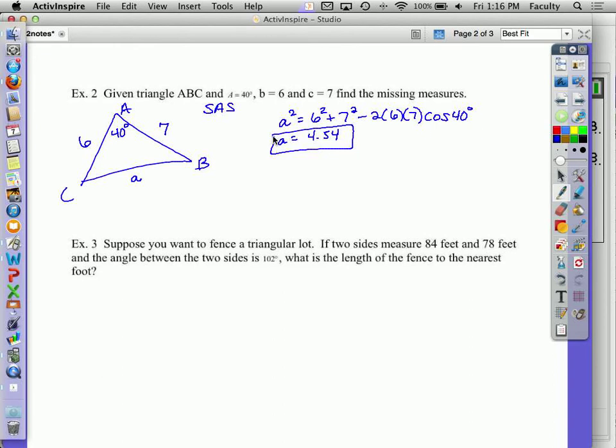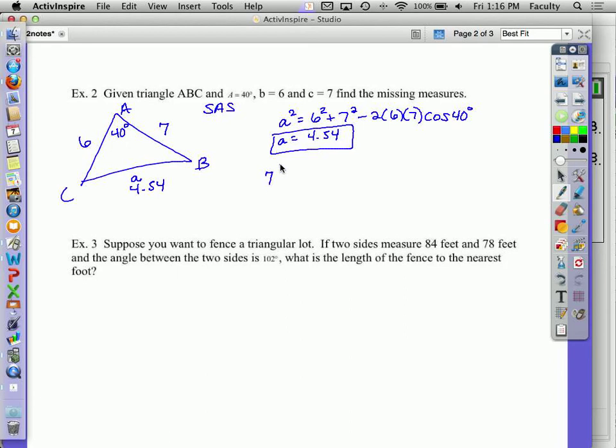So I'm actually forced to do law of cosines twice. Let me say that again because this is a little bit tricky. Do you see that if now I have A is 4.54 and I go to try C with law of sines, that's a bigger angle and I don't know which one it's going to give me. Does that make sense?